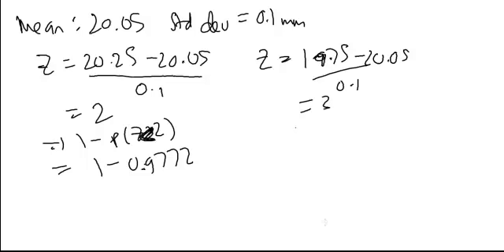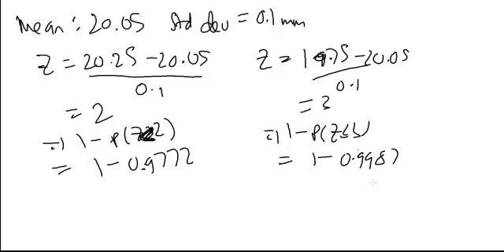When we do the same thing here, we have 1 minus the probability that Z is less than or equal to 3, which means it's acceptable. 1 minus that means it's unacceptable. So that's going to be 1 minus 0.9987.